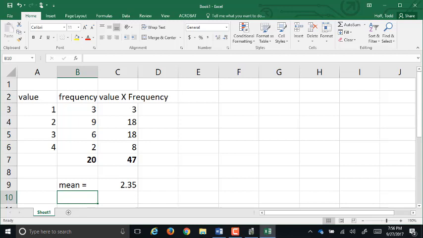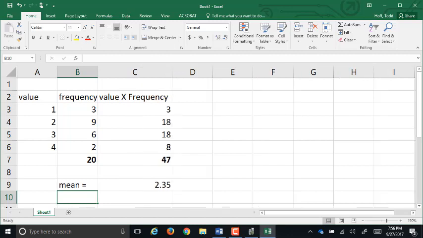2.35. The reason I did that was because the next thing we're going to try to find is the standard deviation. Standard deviation requires a little more work. Now, if you look back, remember our steps to standard deviation. We just found the mean. After you found the mean, what did you do? There you go. We subtracted the mean from each number.